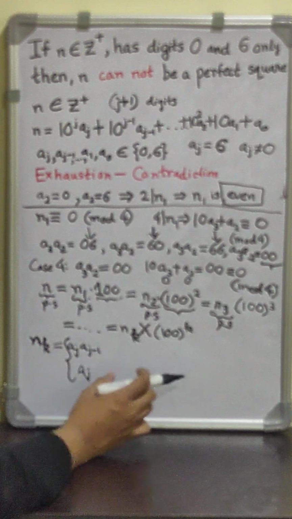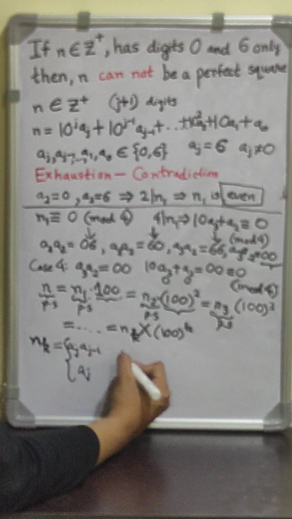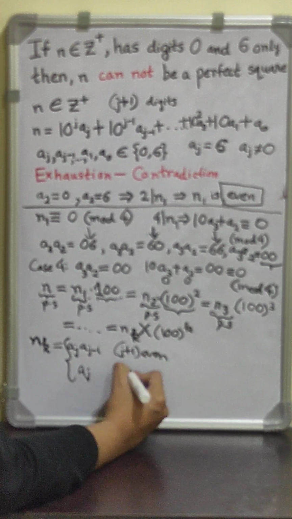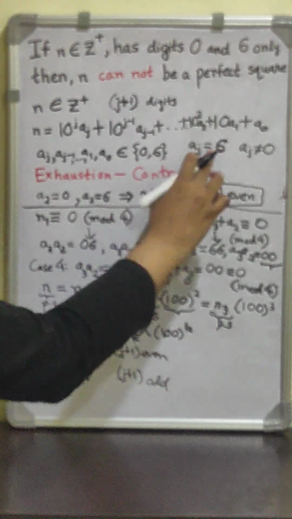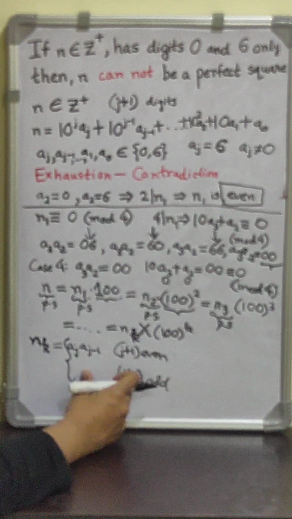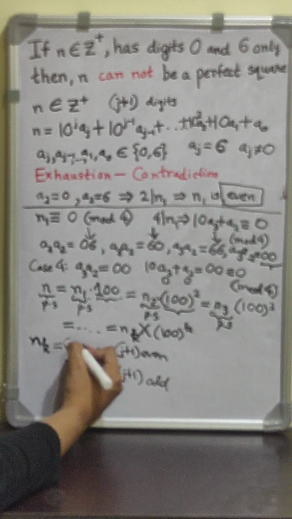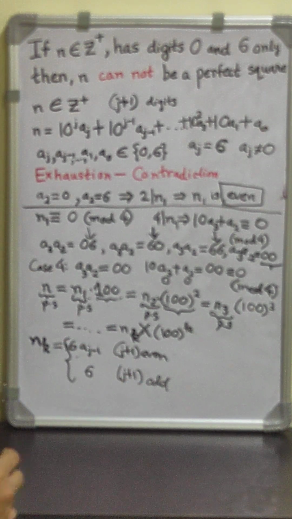So now again, this can be simplified. This is when j plus 1 is even, by the way, and this is when j plus 1 is odd. This can be simplified slightly further because aj is 6. So 6 times aj equals 6 basic 1.